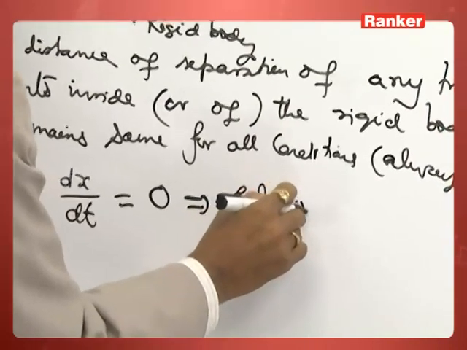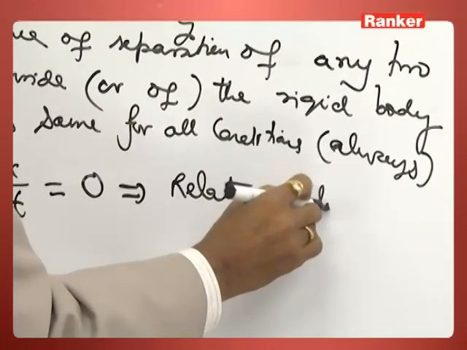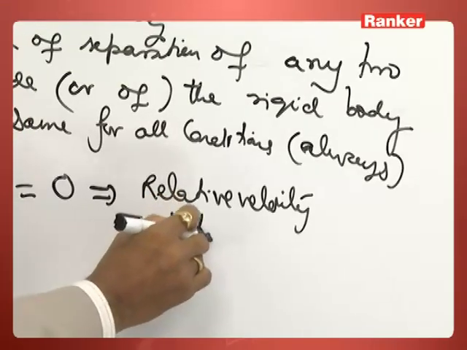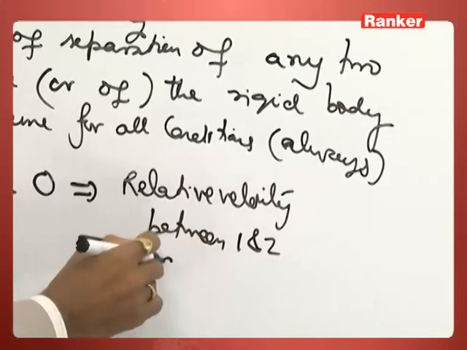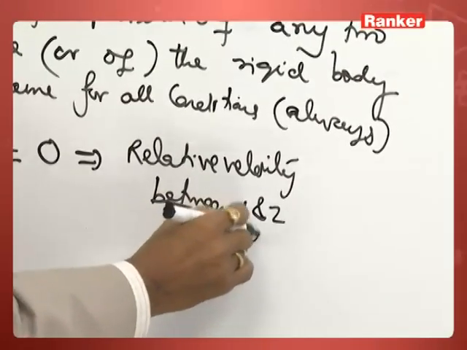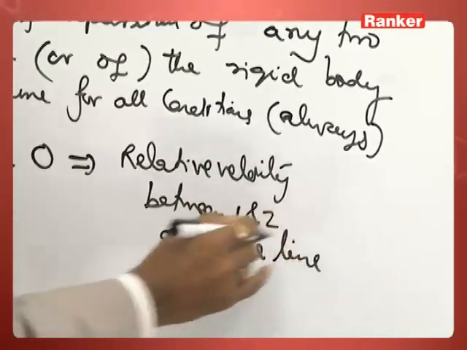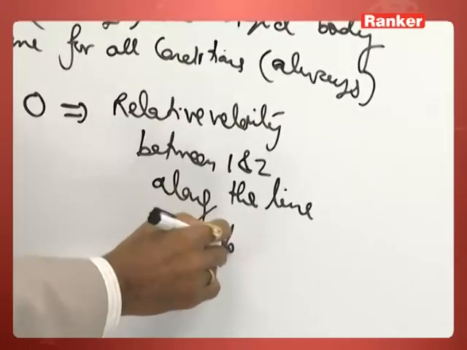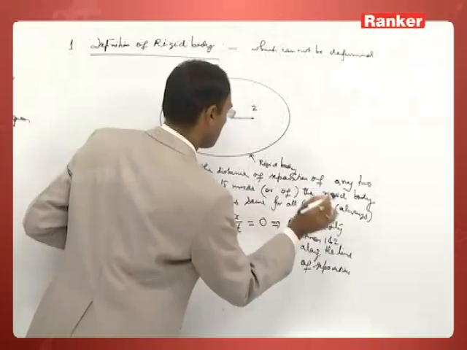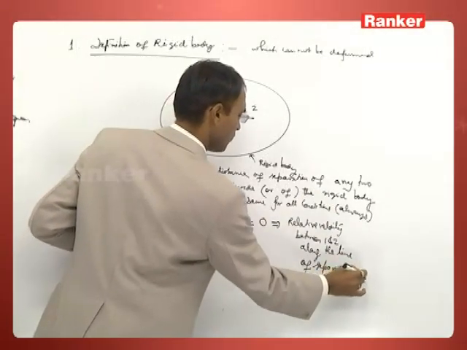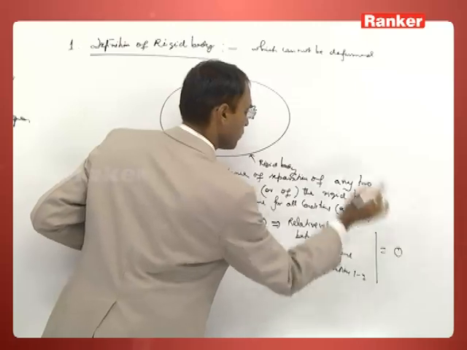This is the relative velocity between the points 1 and 2 along the line of separation, that is v12 is equal to 0.